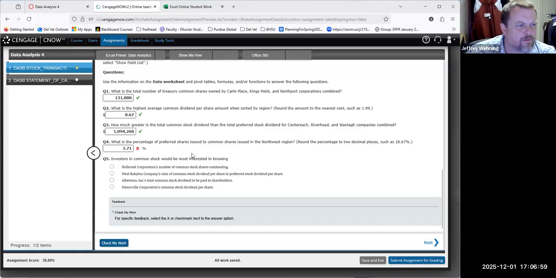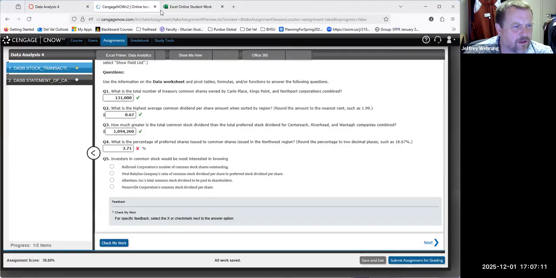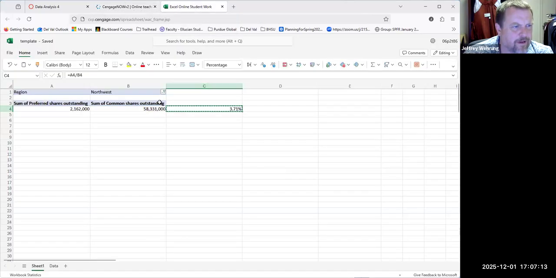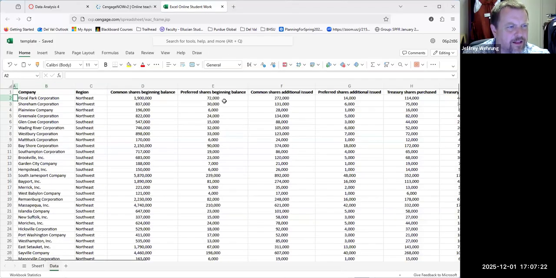Huh. Percentage of preferred shares issued to common shares issued in the Northwest region. Wow, this is a weird one. I'm going to look and see if there's something else in the data that makes more sense. Additional issued.